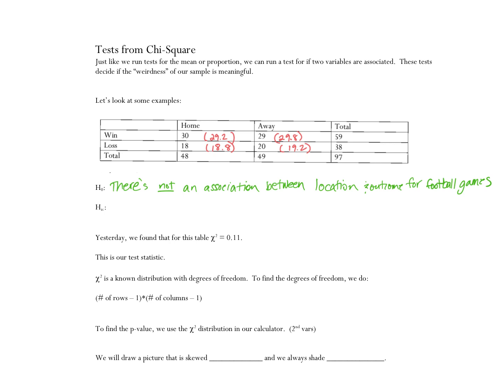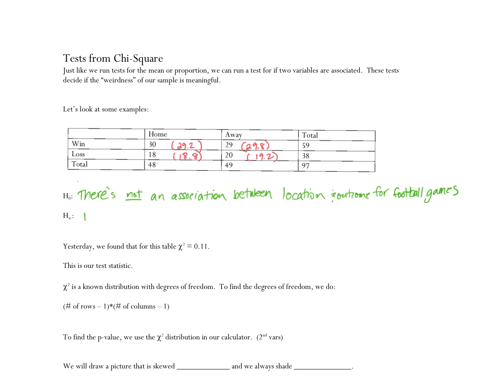Now, if I have enough evidence and I reject this, what do you think I'm going to be able to conclude? There is an association.